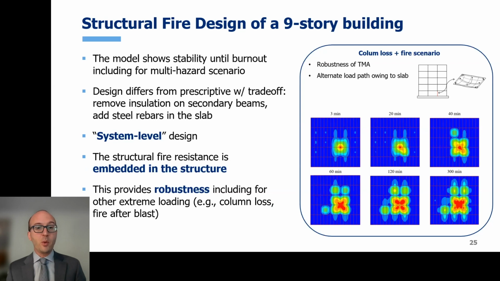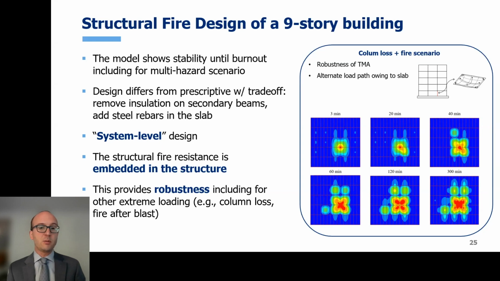And you remember we had three scenarios. So the third one was a column loss followed by fire spread. And here again, we find a design that works, actually the same as with the fire spread scenario. So what's very interesting here is that we observe that the tensile membrane action is already activated when there is the column loss.